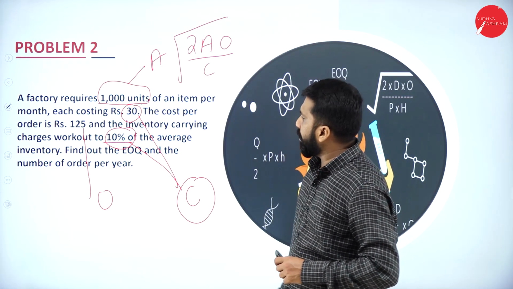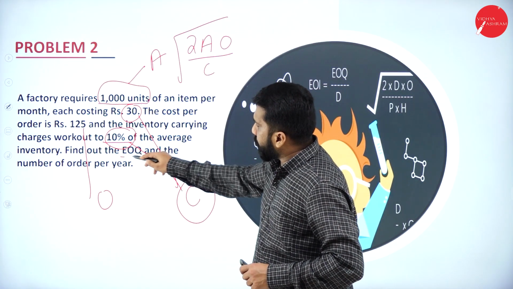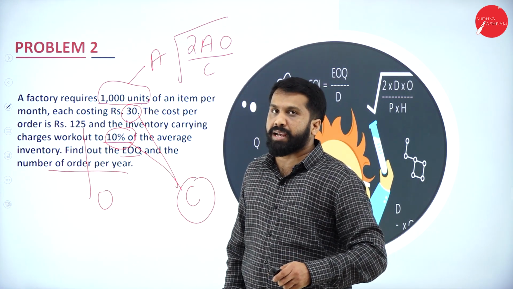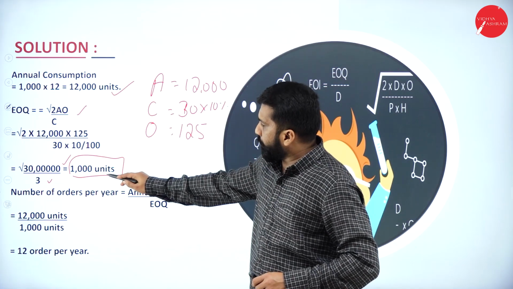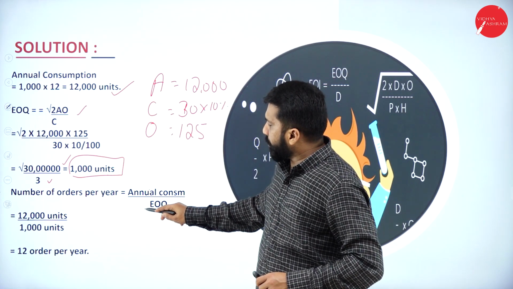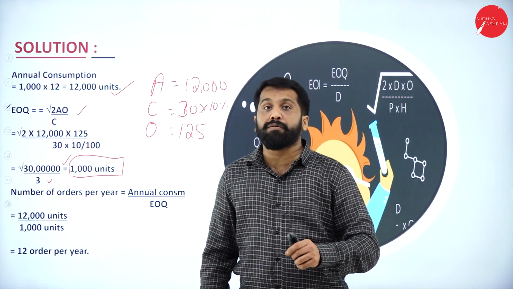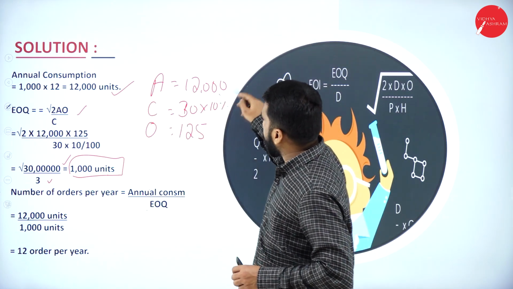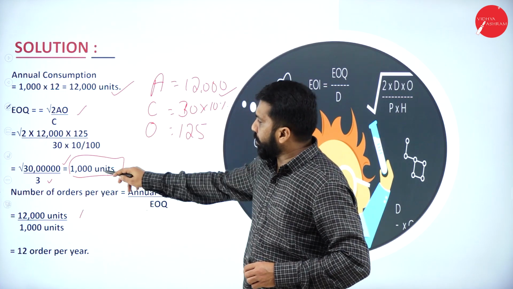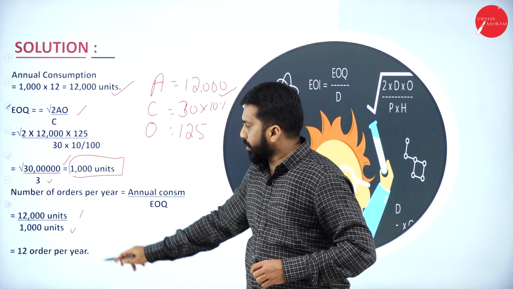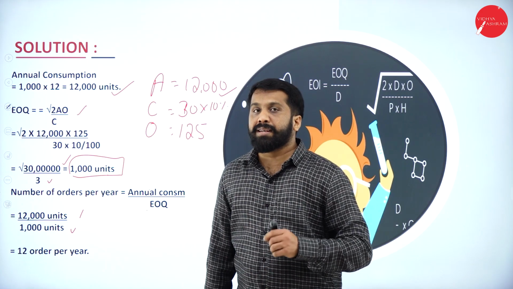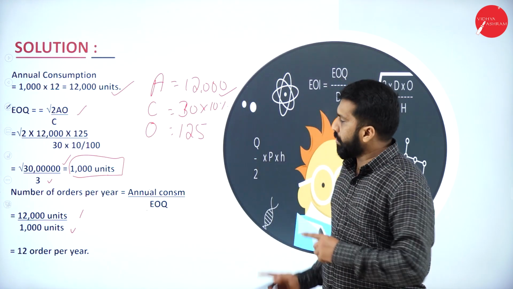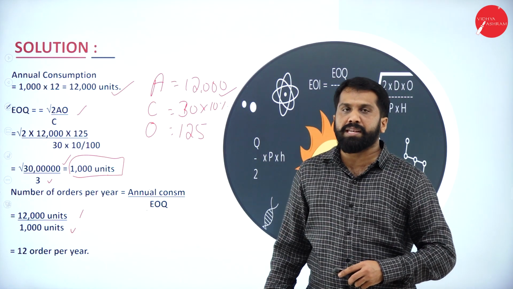In the question, you are supposed to calculate EOQ and the number of orders per year. Annual consumption divided by EOQ is your number of orders per year. Annual consumption is 12,000 and EOQ is 1000. 12,000 divided by 1000. The answer is 12. Any doubt? No doubt. This is all about your EOQ.